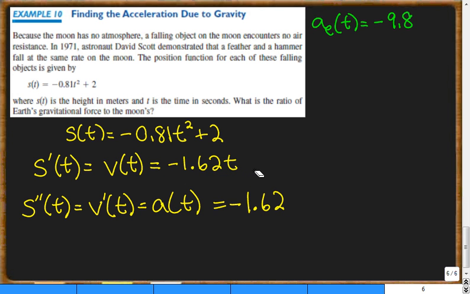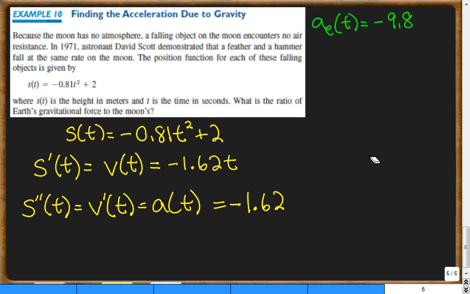So it asks, what is the ratio of Earth's gravitational force to the moon's? So if we do this, we would have negative 9.8 divided by negative 1.62. This is pretty much a sixth, but I can prove that to you if I actually go through the process of dividing these.